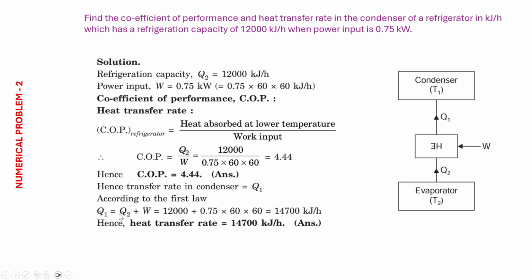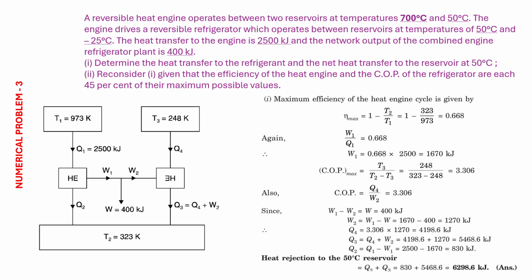Q1 is equal to Q2 plus W, while in the current problem, the interaction is between 2 and 3. That is why we have Q2 is equal to Q3 plus W here, while the interaction is between Q3 and Q4 here, right? That is why we have the rearranged formula of the previous one as Q3 is equal to Q4 plus W2, right?